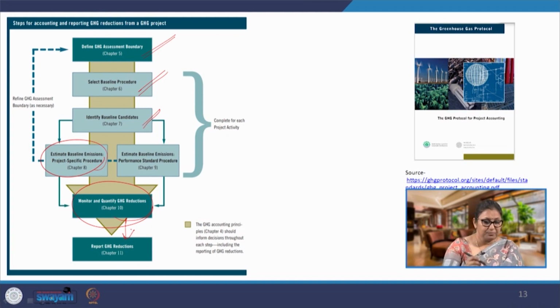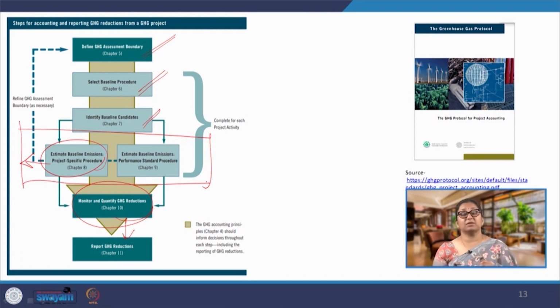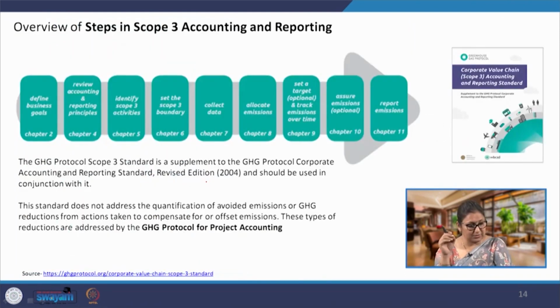For example, for estimating the baseline emissions, what all activities are going in, what are the emission factors, what are the emissions that are taking place, the specific procedures or the average numbers, a lot of work is actually going to happen here when we are estimating the baseline emissions. So, we are identifying the activities and then estimating the emissions.